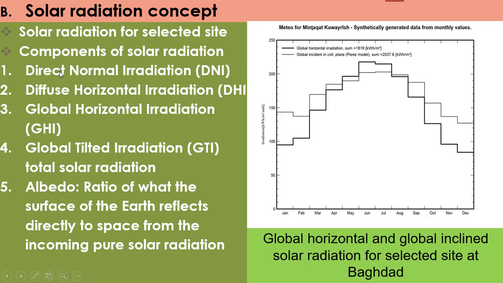The main component represents the direct normal radiation, DNI, and the second component, diffuse horizontal radiation, DHI, and the summation represents the global horizontal radiation, GHI, and the global tilted radiation, GTI, which represents the total radiation over the tilted surface of the photovoltaic system.